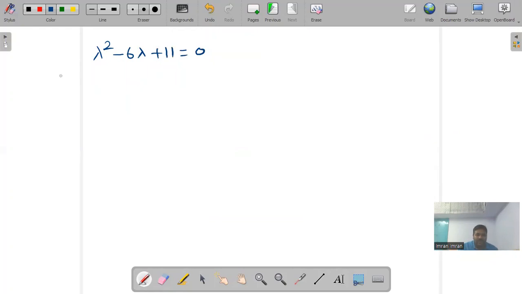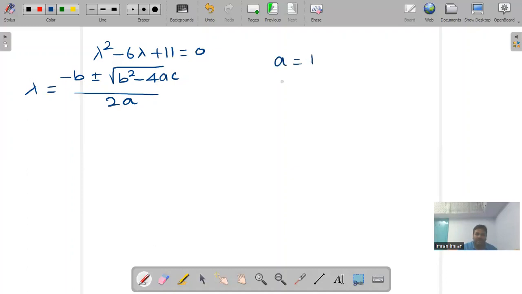By using the quadratic formula, minus b plus or minus square root of b square minus 4ac by 2a, we can compute the characteristic values. Here the coefficient of lambda square is a equal to 1, the coefficient of lambda is b equal to 6, and the constant is 11.